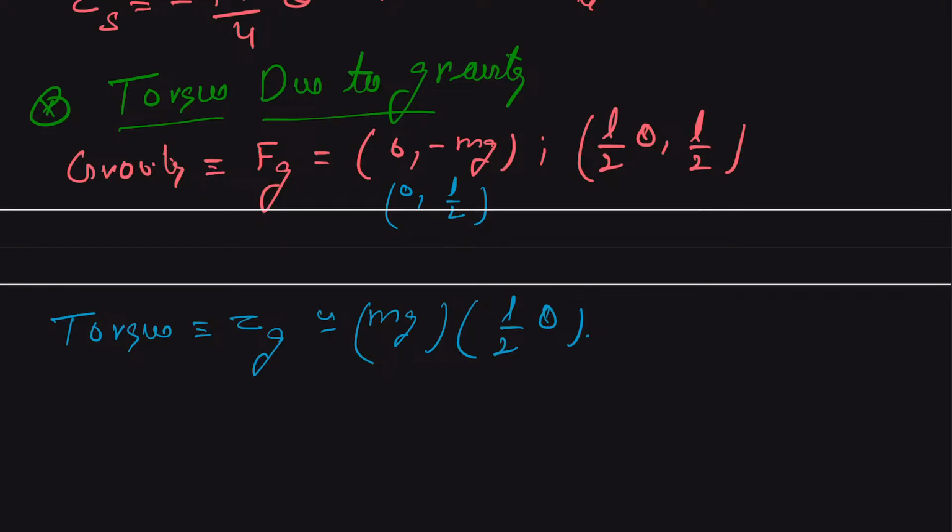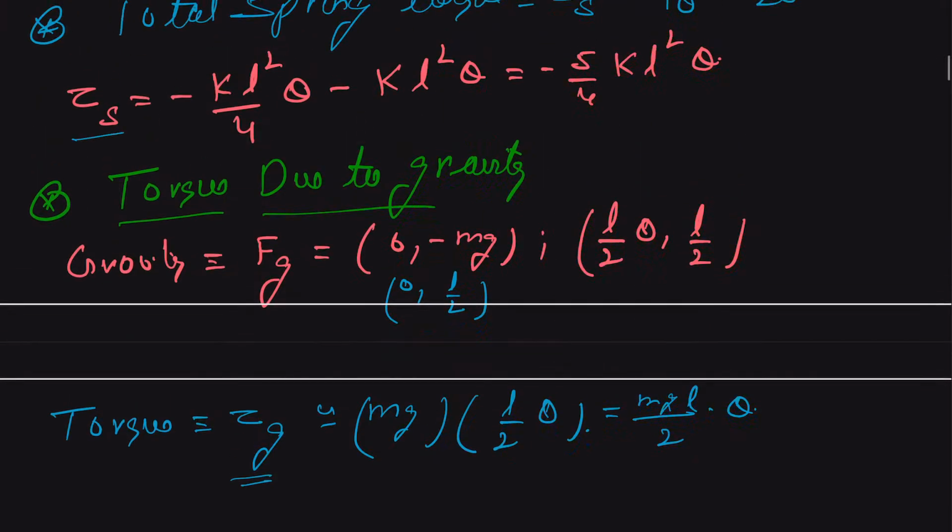So we can say this will be equal to mgL by 2 times theta. Now we find out the total torque due to the gravity and the torque due to our spring.